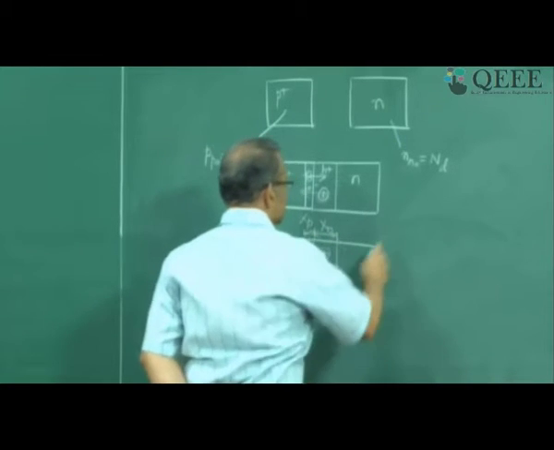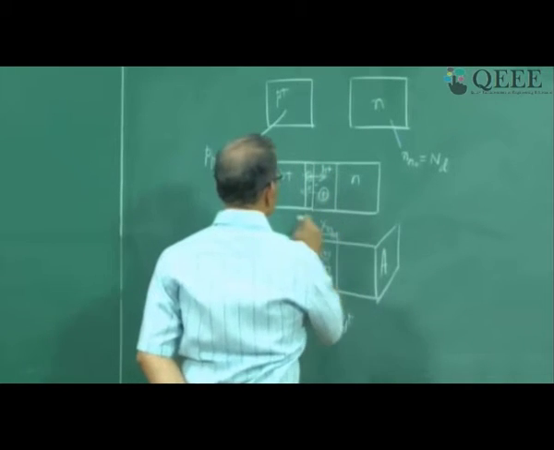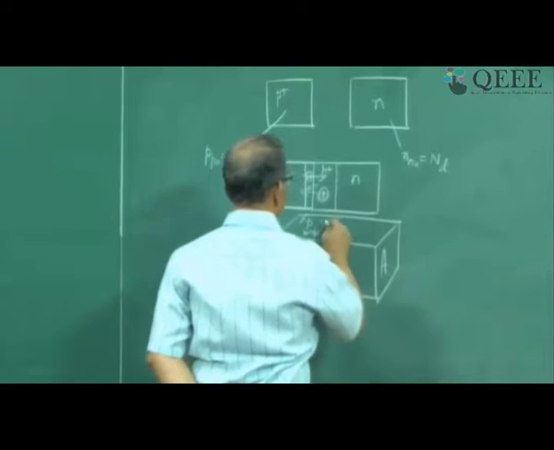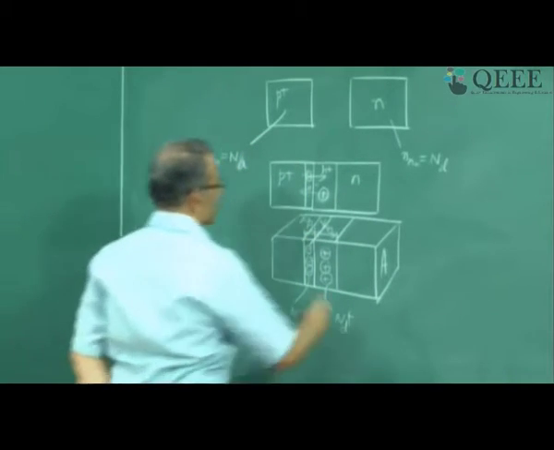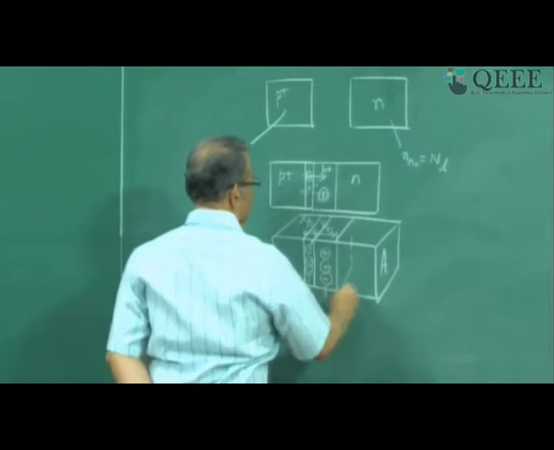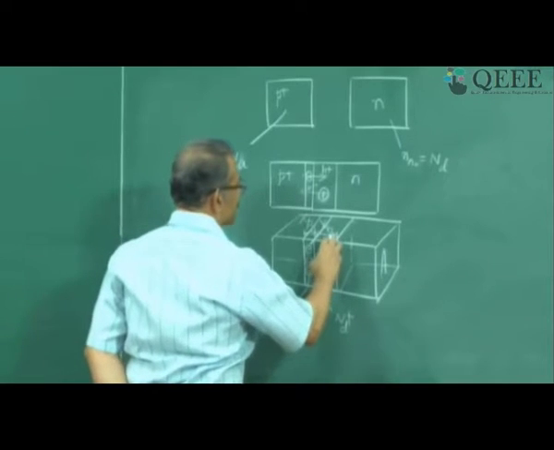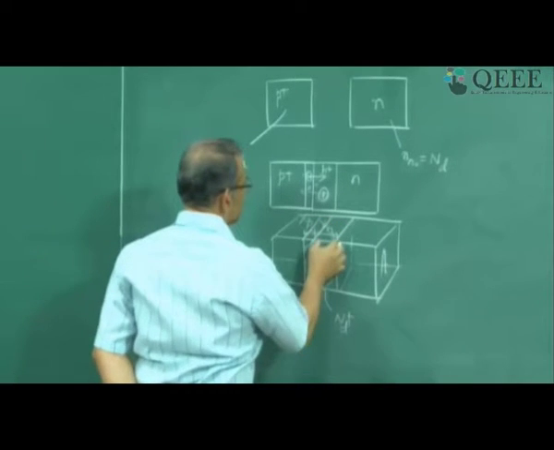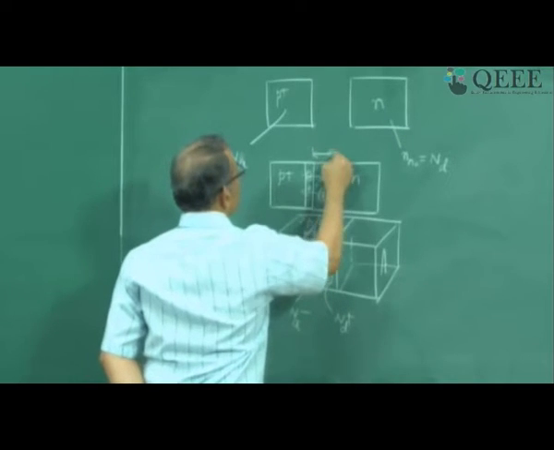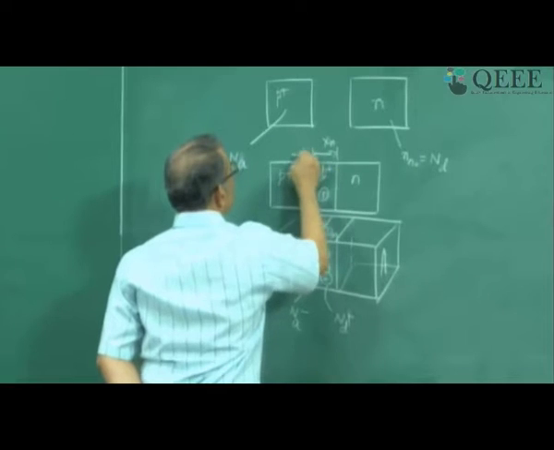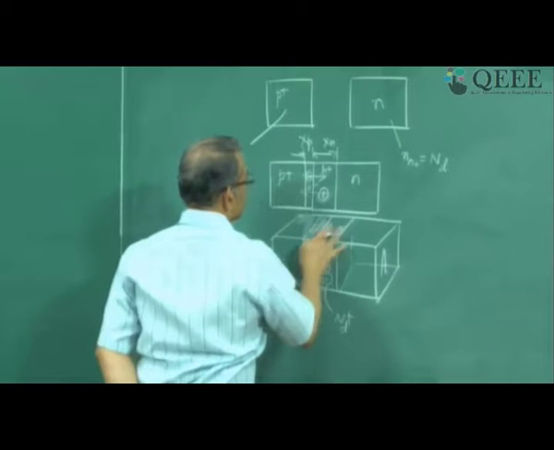So you can write it like this, supposing A is the area of this junction. So suppose the junction is like this. Now if I want to write the expression for charge in this region, this is Xn. Let me show it clearly here so that this doesn't become complicated.